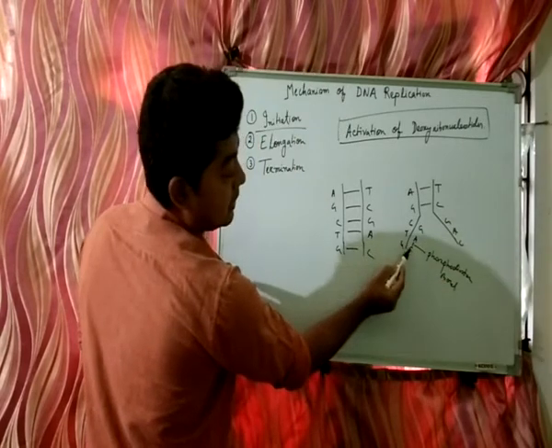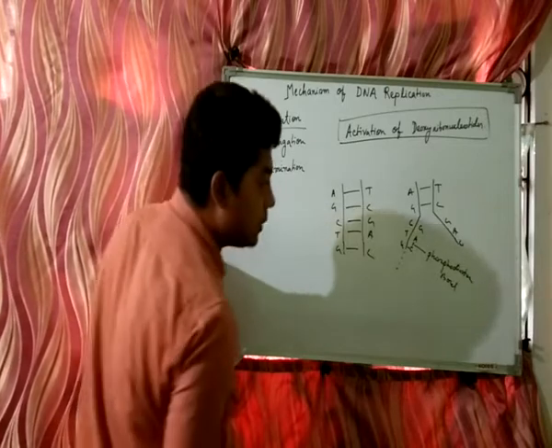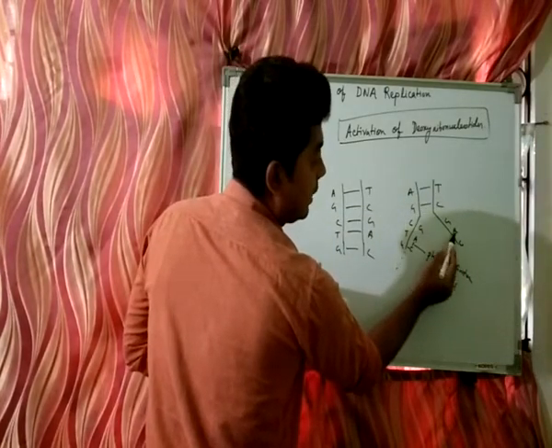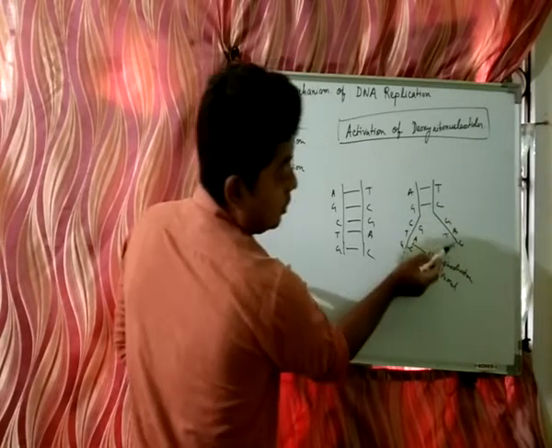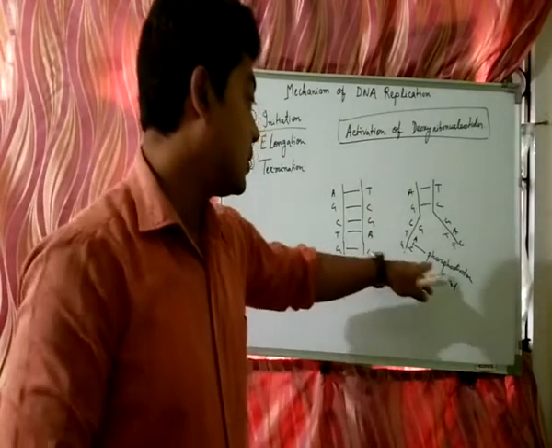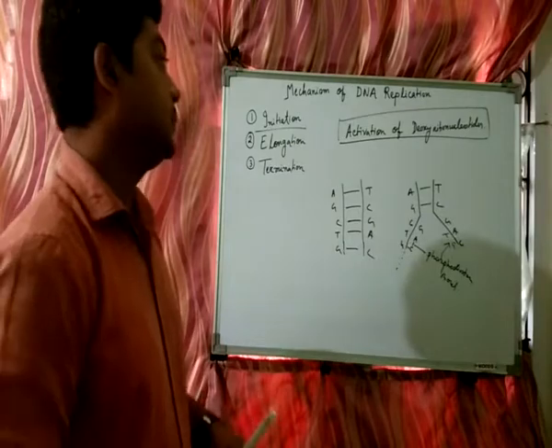And between this strand and that strand, the two are joined with the help of hydrogen bonds. Here cytosine will join guanine, and adenine will join thymine. Between thymine and guanine also this bonding is required, bound by a phosphodiester bond.